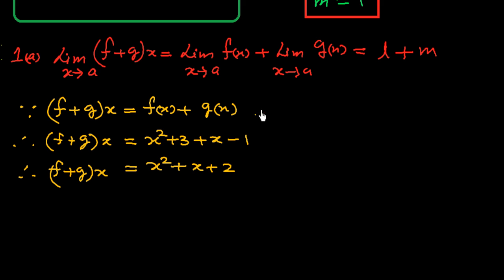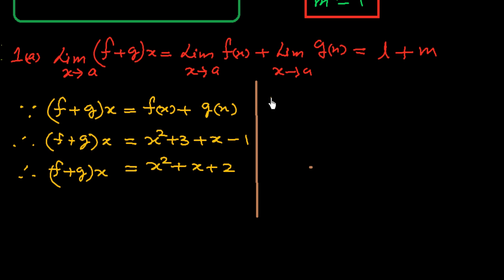Now what we do, we'll explain here. Just a moment, I put one line here. Okay. Now we see what we have to do. We have to find the limit for this.